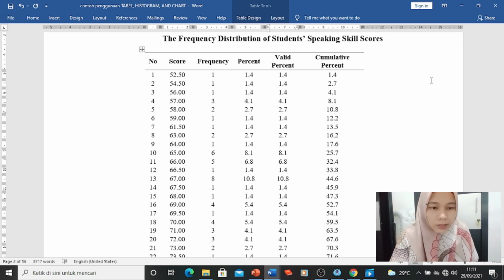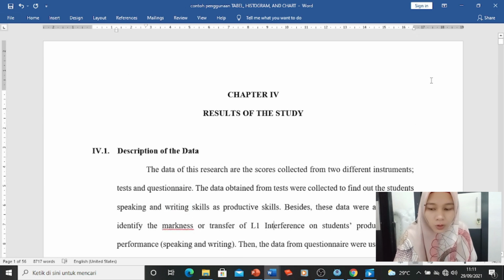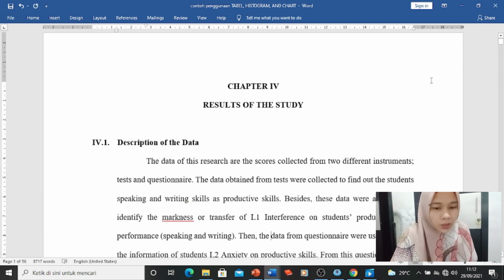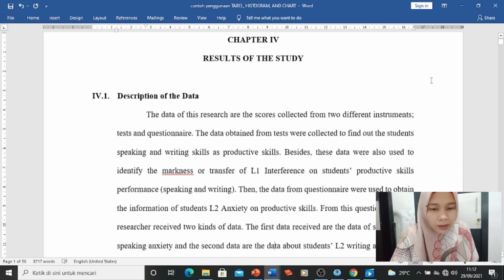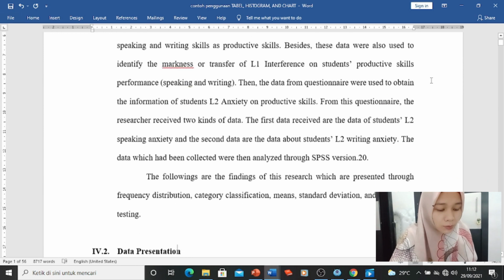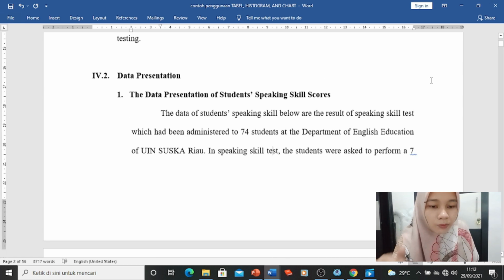And the example that I'm going to show you is about speaking and writing. So this is on chapter 4 if you are writing an undergraduate or master's degree thesis, with descriptions of the data and data presentation. But actually this is not a fixed template.